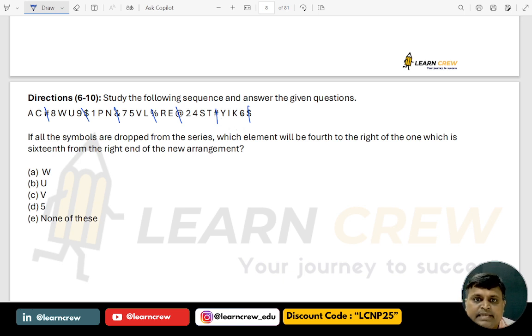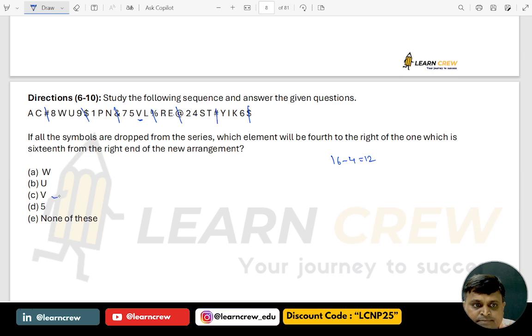So fourth to the right of the one which is 16th from the right: 16 minus 4, how much? 12th one from the right. You need to find that, and that is V.